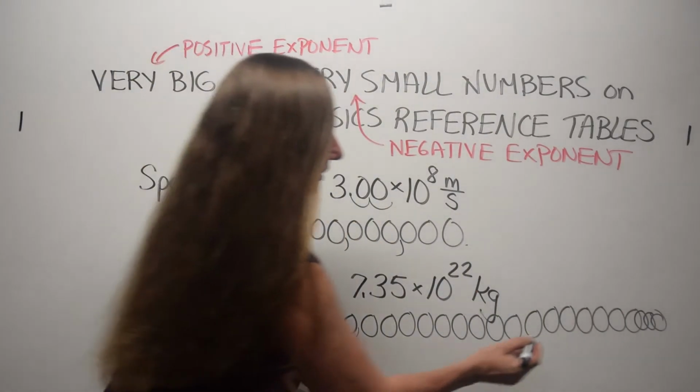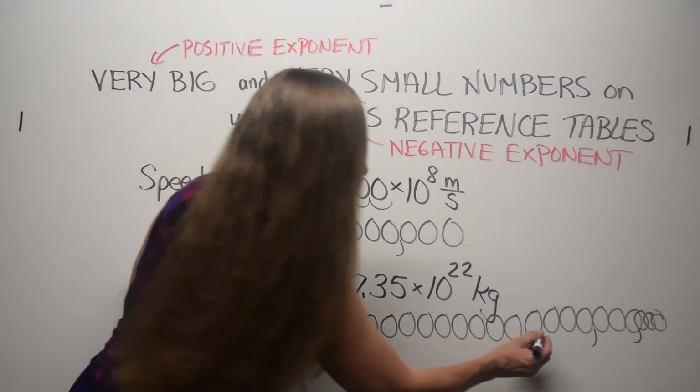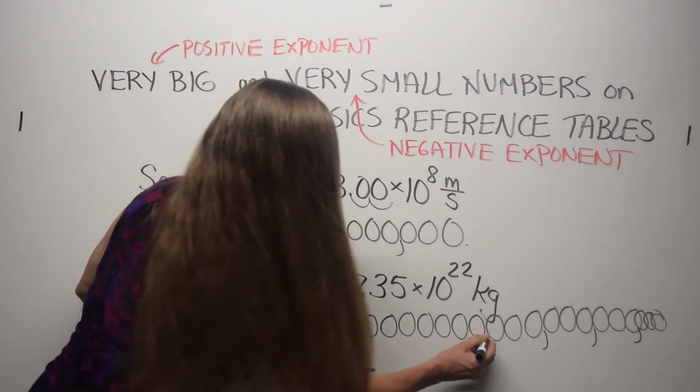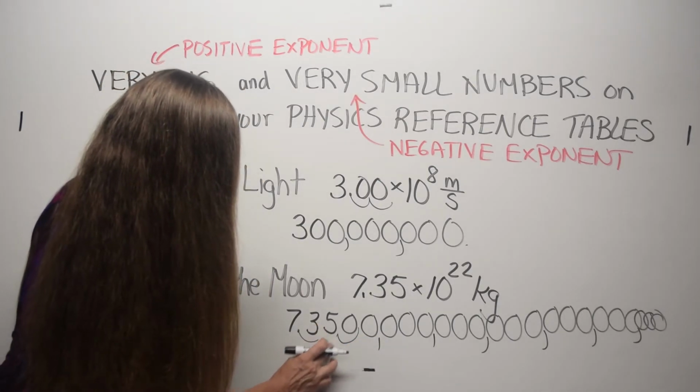I'm running out of space here. Okay, 1, 2, 3, put a comma. 1, 2, 3, put a comma, and so on.